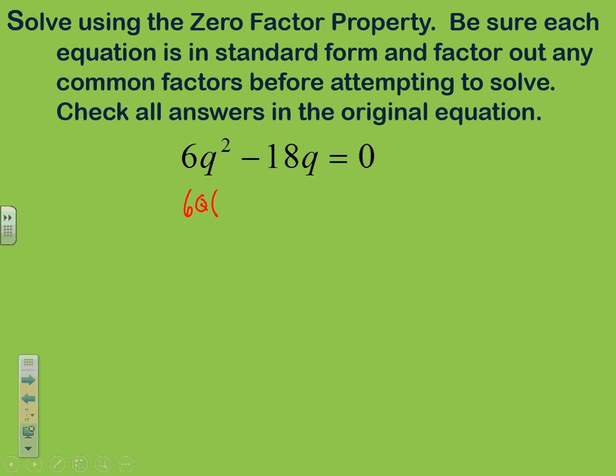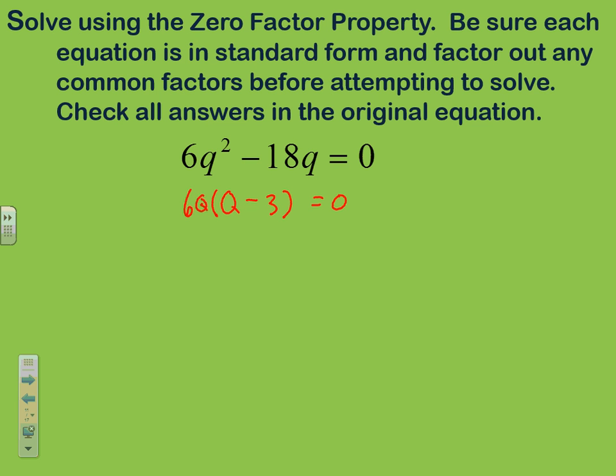Oops, I'm getting ahead of myself. If I factor out the 6q from the first term, all I'll be left with is a single q. If I factor out a 6q from the other term, the negative 18q, I'm going to be left with just a 3, and that's equal to 0.